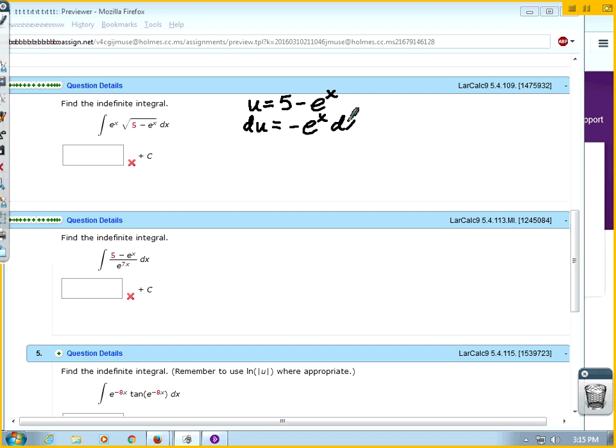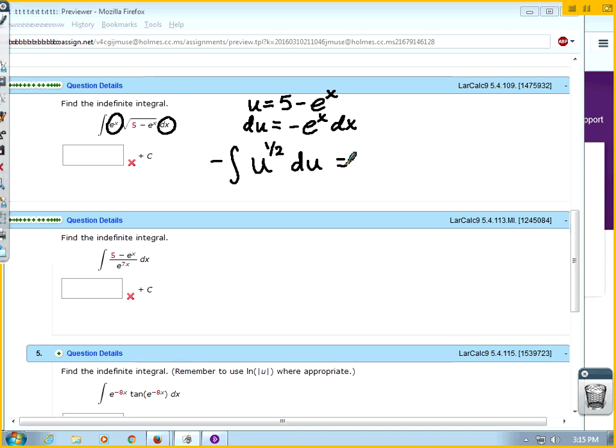Du would equal negative e to the x dx. So you can see we have that e to the x and the dx. All we're missing is a negative, so we would need to put a negative in the front. And then we have the square root of u, or u to the 1/2. And you have now your entire du.